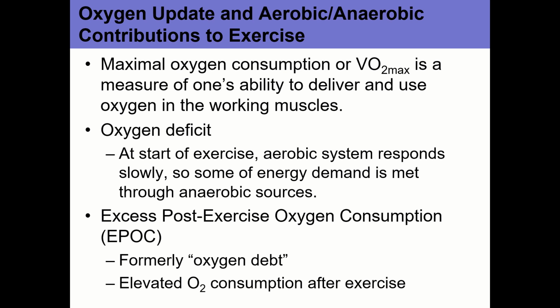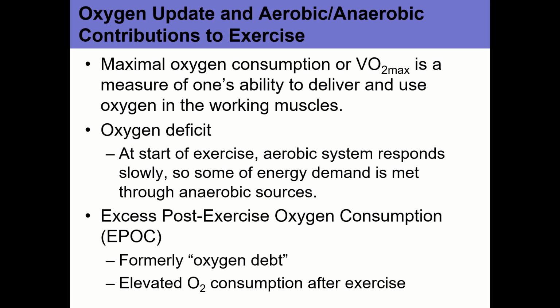And if they do, then the muscle cells themselves can use oxygen more effectively, and so you can produce more energy aerobically. So if you have a higher aerobic capacity, a higher VO2 max, it means you can produce more energy aerobically, which means that, like during a treadmill test, you'll be able to consume more oxygen and work at a higher intensity.